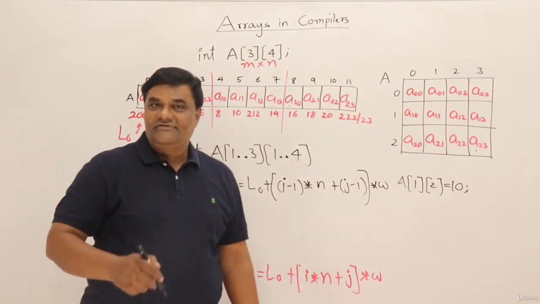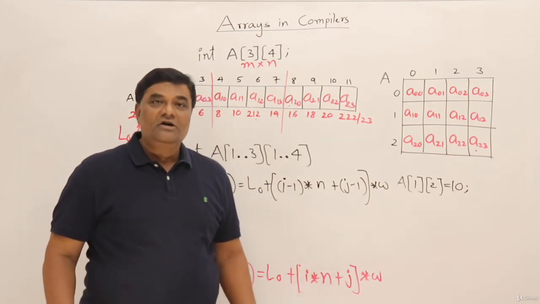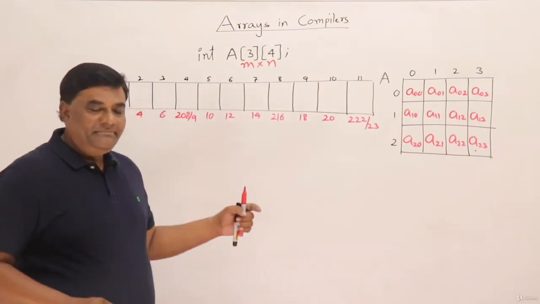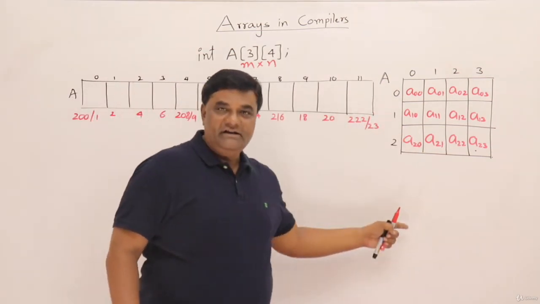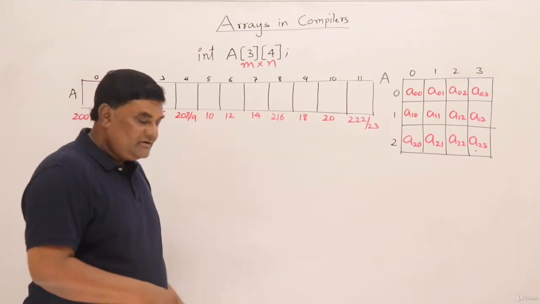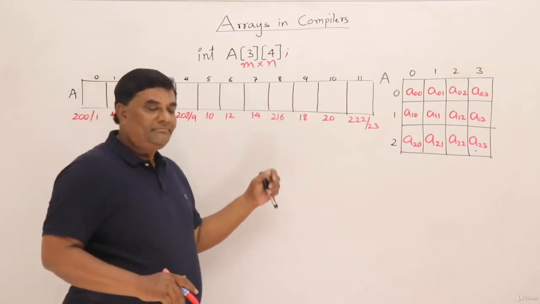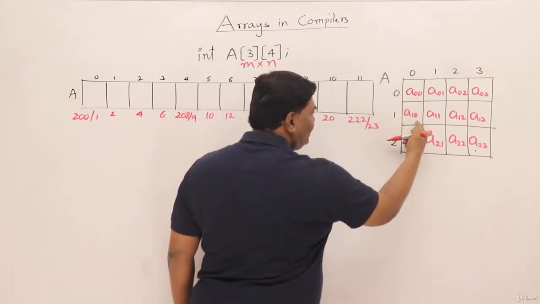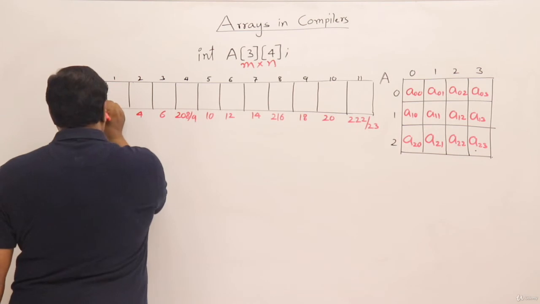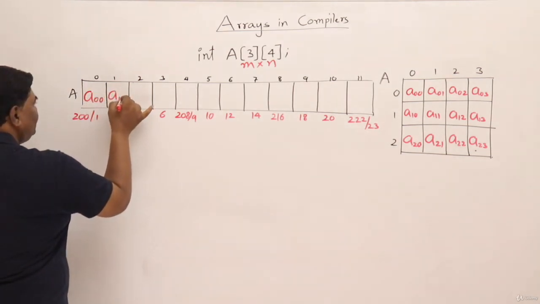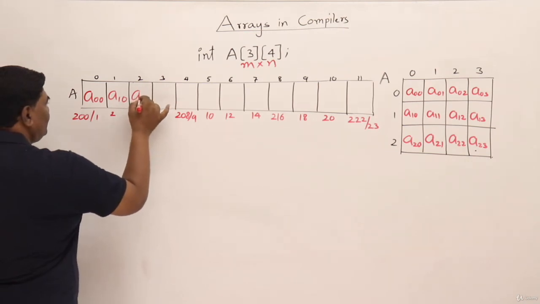Now next, let us frame a formula for column major mapping. For column major mapping, the elements of this two-dimensional array are mapped on a single dimension array column by column. So I will fill these elements column by column. The first column elements are A[0][0], [1][0], [2][0].